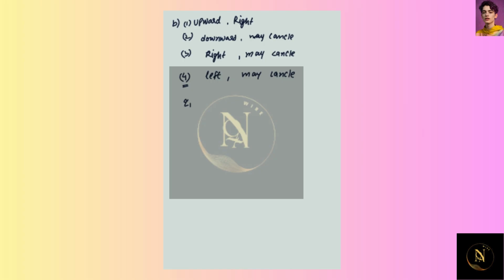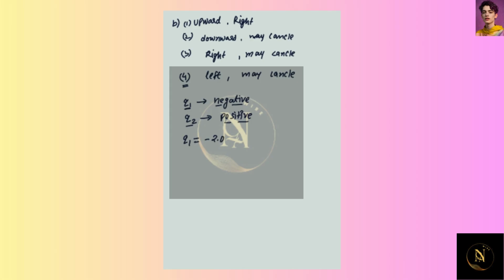So we can say that Q1 should be negative, and Q1 is given as a negative charge. Q2 should be positive. This is the outcome of the question. Q3 is given as positive already, and Q1 should be negative and Q2 should be positive, so that we get net force in the left direction.